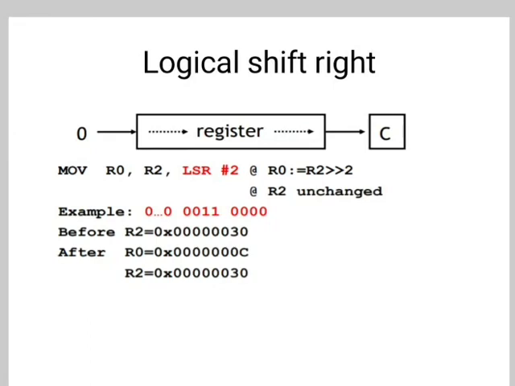Now next is logical shift right. So here MOV R0, R2, LSR #2, that is logical shift right by 2.